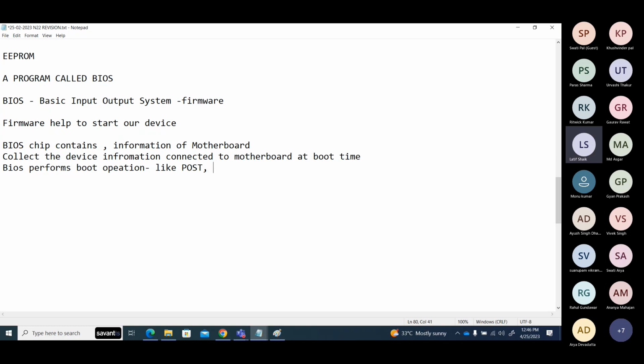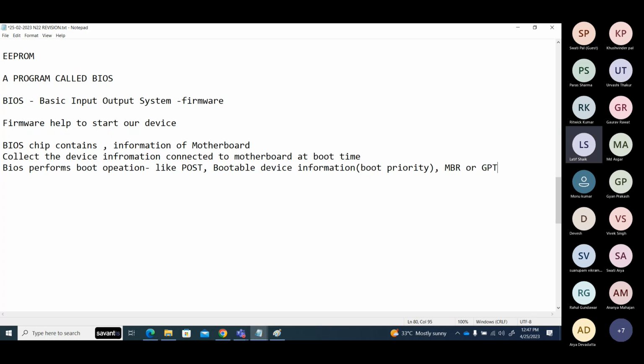What are your boot operations? First operation is POST, power on self test. The next one is bootable device information, based on boot priority. It will tell you boot priorities, MBR or GPT records.